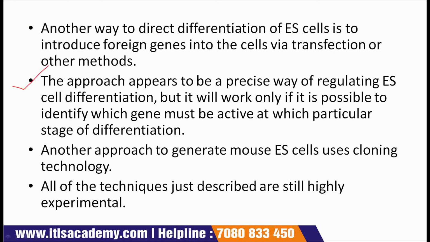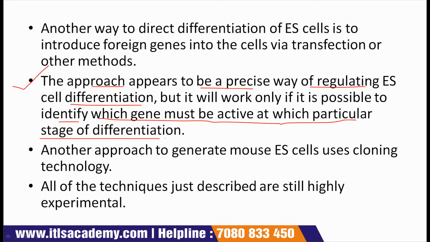Next point is the approach appears to be a precise way of regulating embryonic stem cell differentiation, but it will work only if it is possible to identify which gene must be active at which particular stage of differentiation. This is a very crucial step in differentiation and regulation of embryonic stem cells.